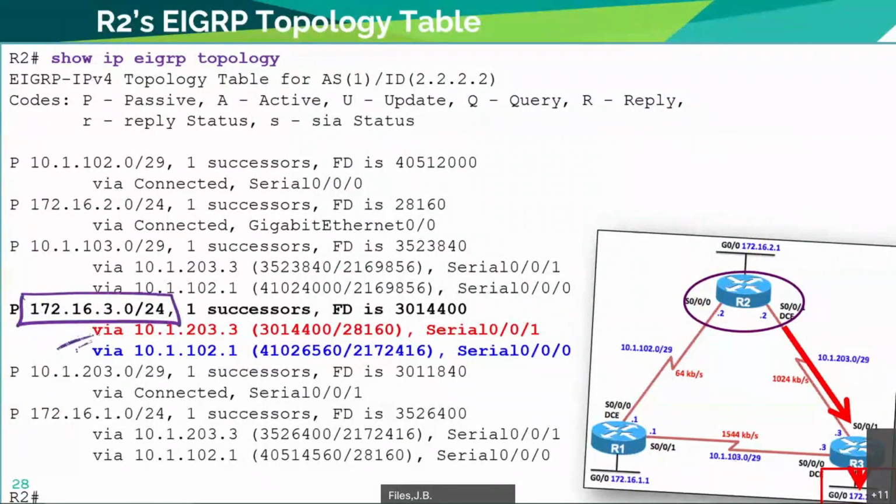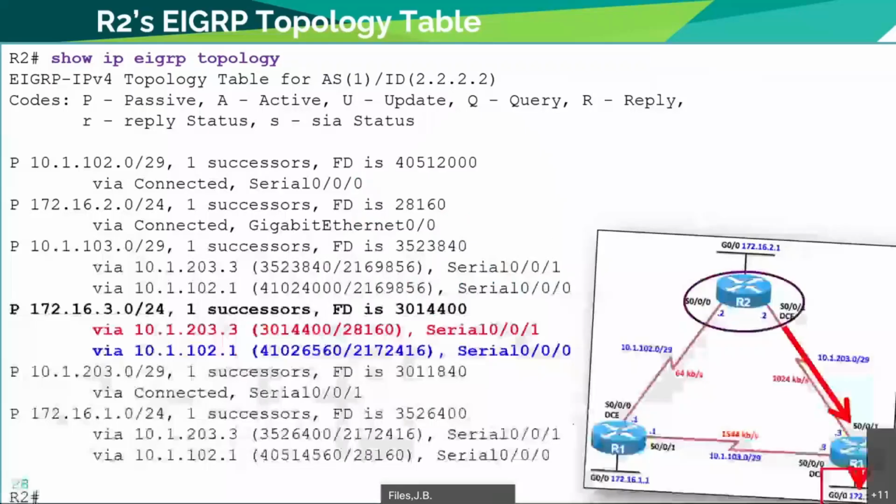One is VMware dot one. Okay, so that's the next hop. So we essentially have this as the next hop and this as the next hop. So we've got two potential paths. Okay. So we've got the red one and the blue one.